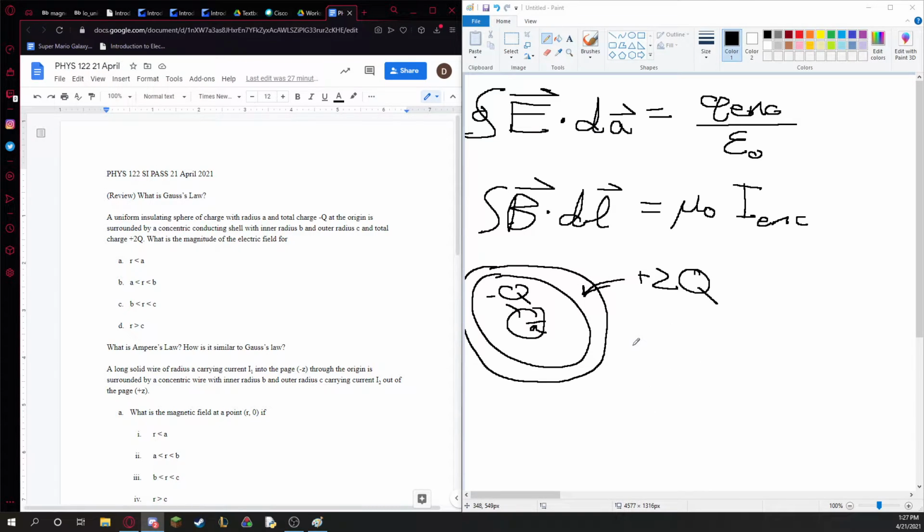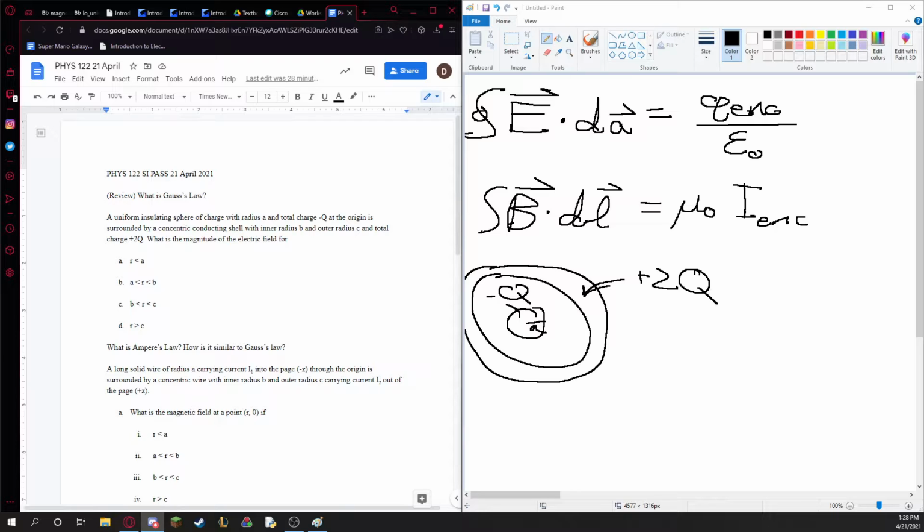So out here with R greater than C. How do we find the electric field there? Use the other version of the formula where E is equal to KQ enclosed over R squared.